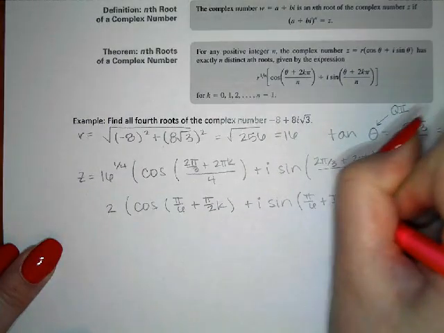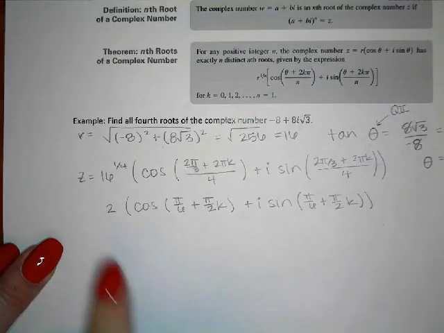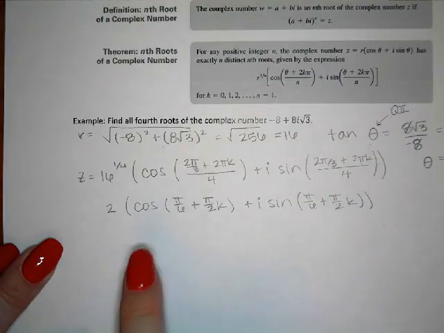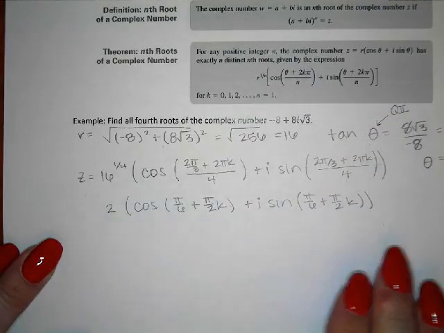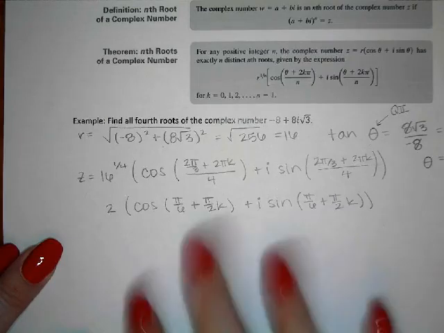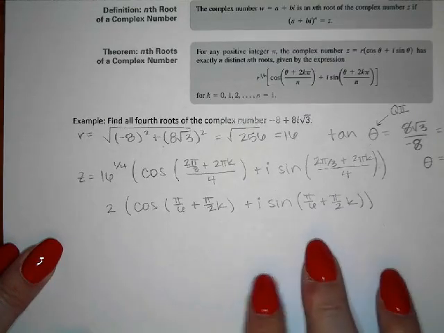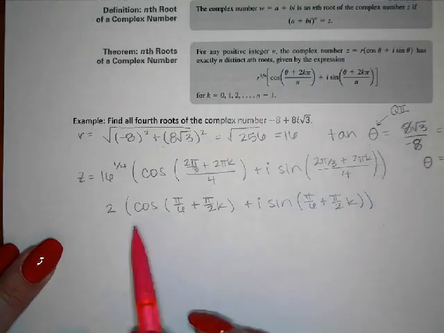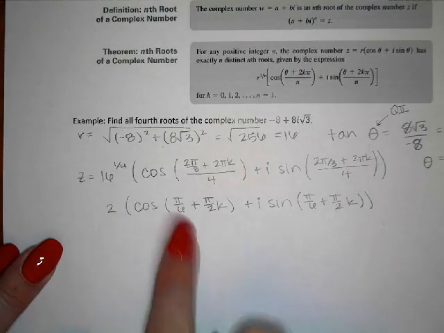Okay. And so for me to be able to find all the different variations of this, to find all my complex numbers that are the roots of this, I just have to simplify this, really. So I'm going to distribute the 2.